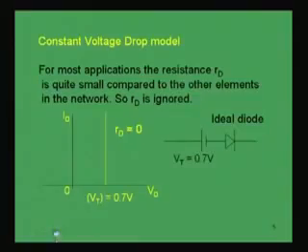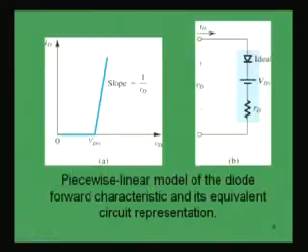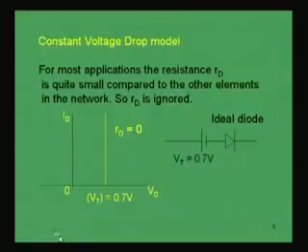Now, another approximate model which will be coming from this model, we can further simplify this model, which will give rise to the constant voltage drop model. So, this model is the constant voltage drop model because in most of the circuit applications where you generally apply a diode, you will find that the resistance of the diode is quite small as compared to the other elements of the network.